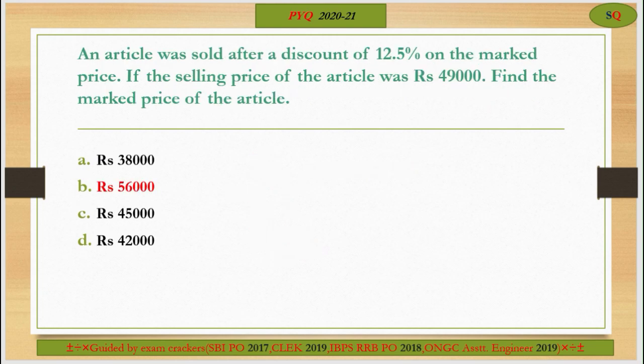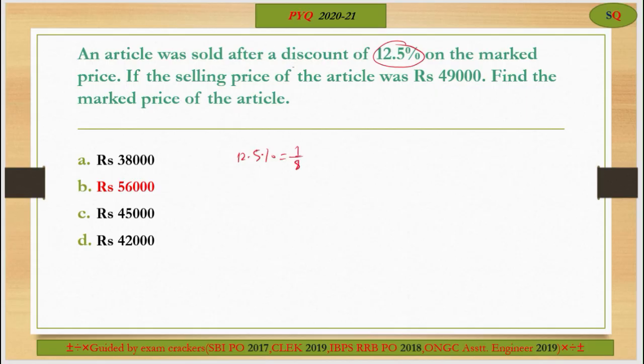Next, an article was sold after a discount of 12.5% on the market price. If the selling price of the article was rupees 49,000, find the market price of the article. It is very easy. Discount is there. Just we have to convert this percentage into a fraction. We know 12.5% is 1/8 in fraction.